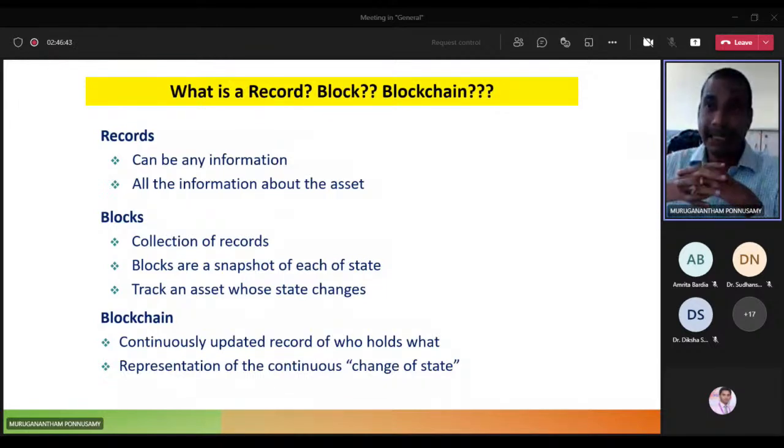What is the chain? If you keep on updating after changing the bank balance or account balance, there will be a new number. So we are continuously updating the records of person X. Sometimes person X's son may operate, sometimes person X's wife may operate, sometimes person X can operate.